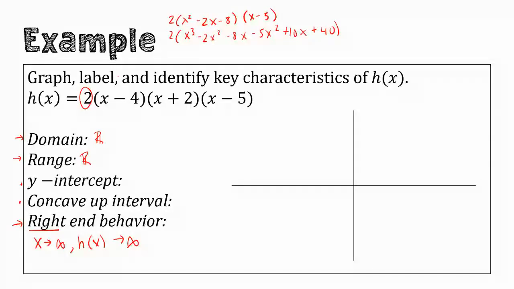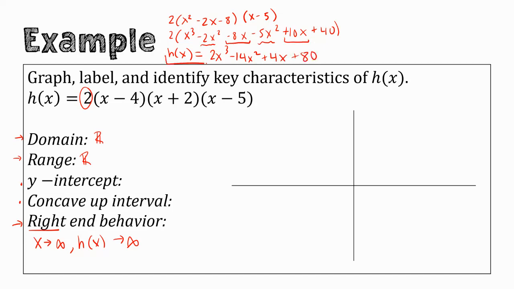And so h of x is 2x to the third, negative 2 minus 5 gives me negative 7, so negative 14x squared. And then negative 8 plus 10 is 2, so plus 4x, and then plus 80.